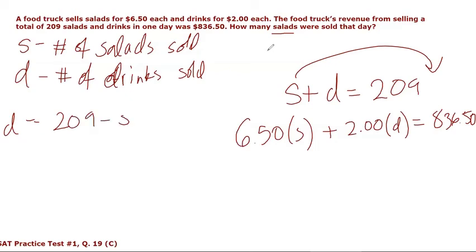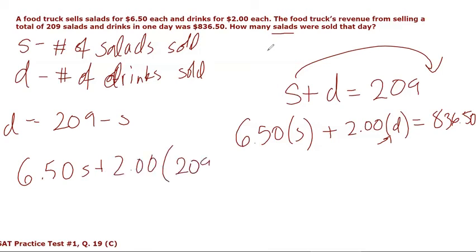And if you plug that in for this D value right here, we would get 6.50S plus 2.00 times 209 minus S is equal to 836.5.